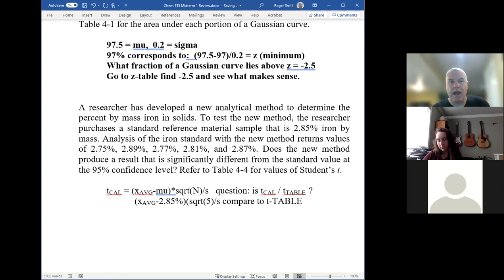And if the T cal value is larger than T table, then there is a larger difference, then the method is inaccurate.